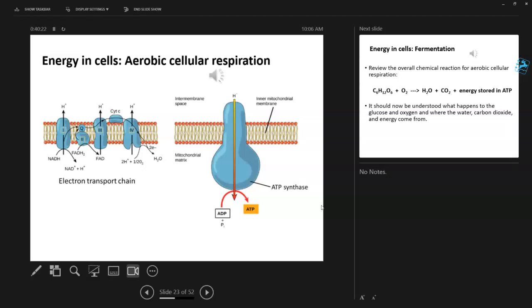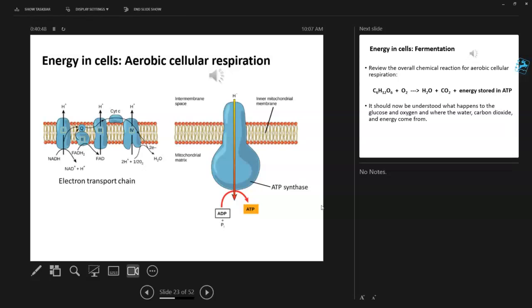So this is building up a high concentration of H plus ions in this space between the two membranes. And then that concentration of H plus ions will flow back through the membrane, but they come through another protein molecule in the same membrane. But this is an enzyme called ATP synthase. Remember, ASE on the end of a word usually means it's an enzyme.